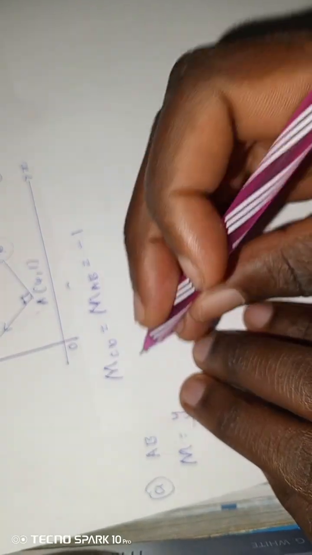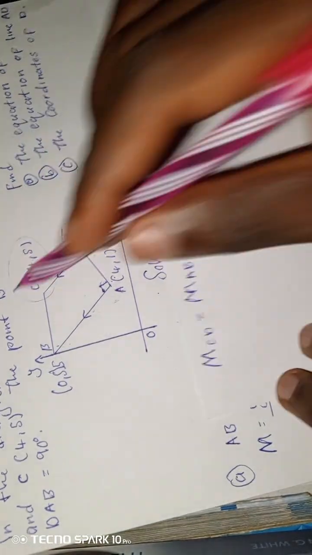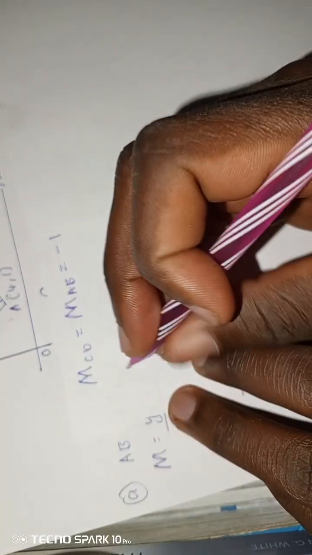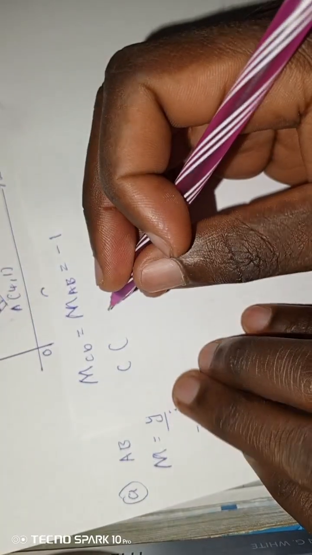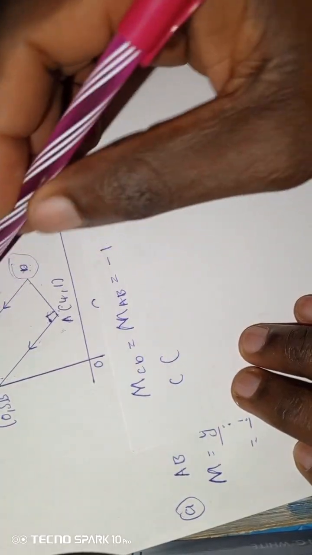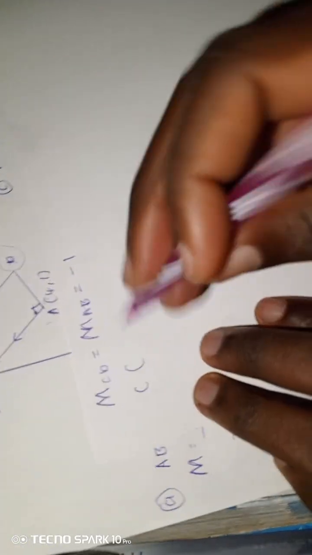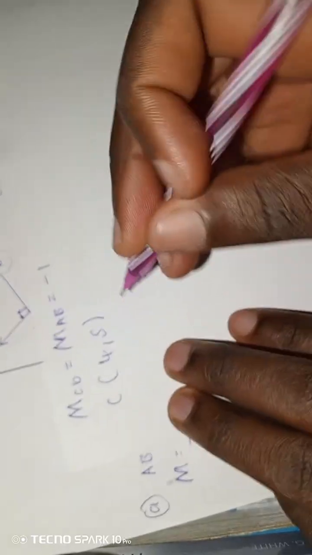How can we find that? We use the coordinates for C, because line CD passes through C. The coordinates for C here are 4, 5.